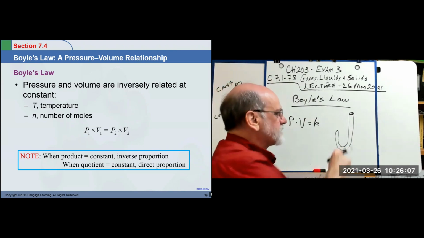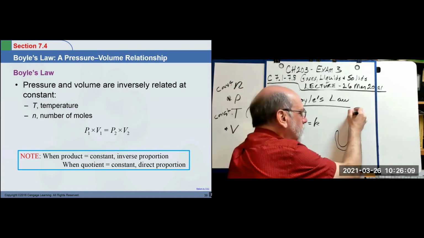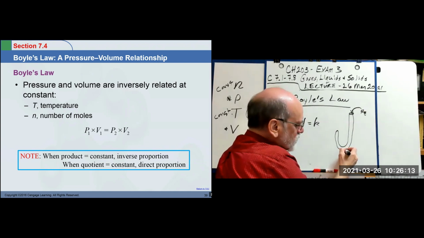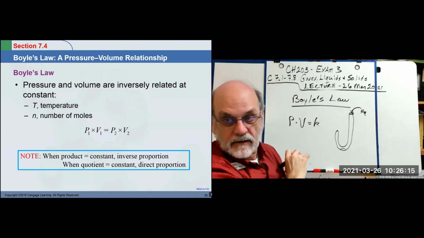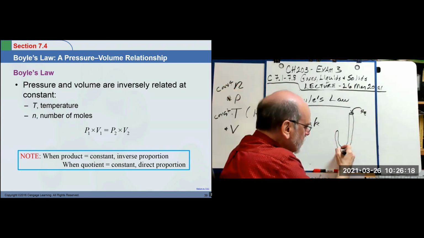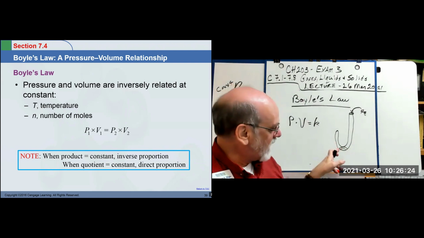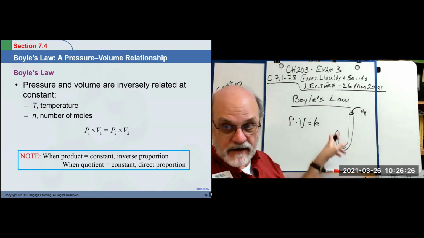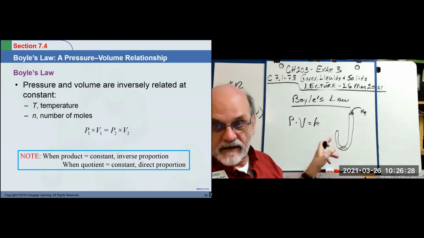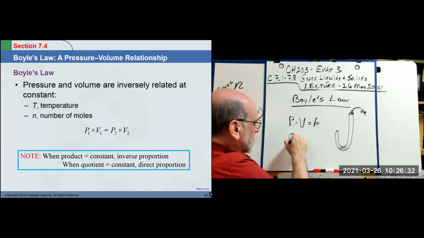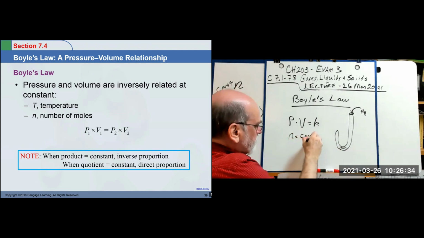And what he did was he added mercury in here. And in the beginning, mercury just pulled up on the bottom right there. And then he added a little more, and eventually it touched the inner wall of that curve. And when it did, that trapped gas inside the end of that J tube. So now you have fixed moles right there.